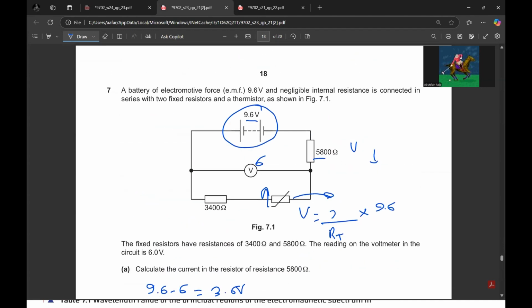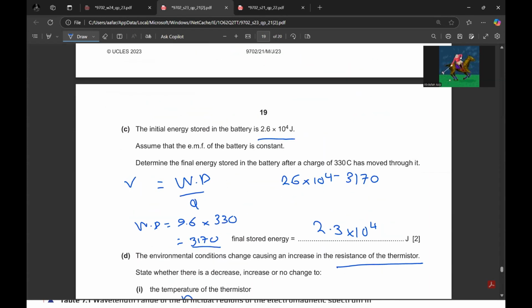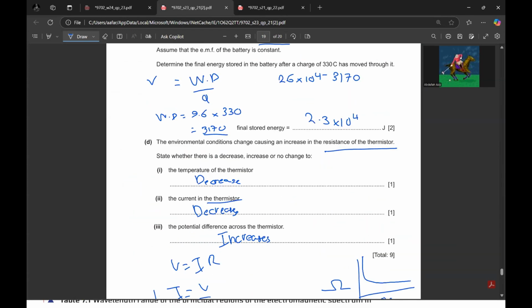Let's say we call that x. And the total resistance remains as 3400 to 5800 plus its resistance. So if we increase x, that means this ratio will also increase, right? So it will get more of the potential difference, hence its potential difference will increase. Hopefully you understand it now.